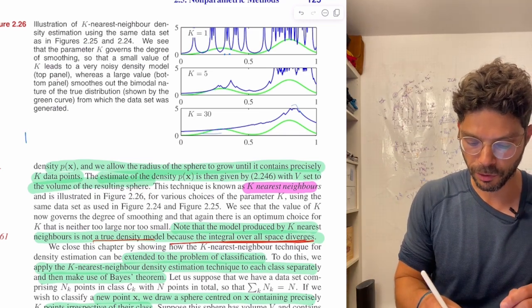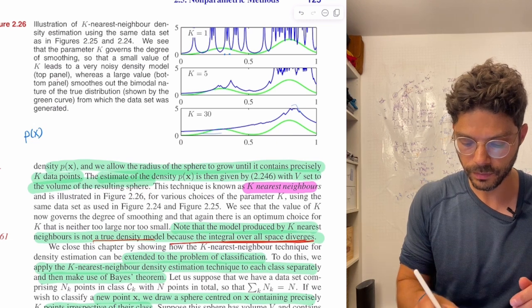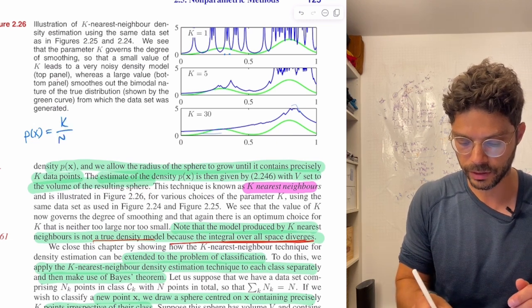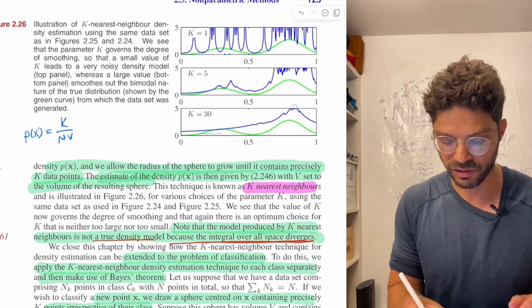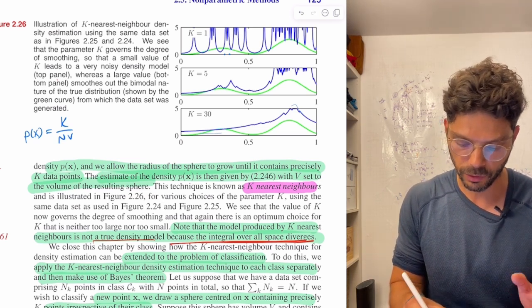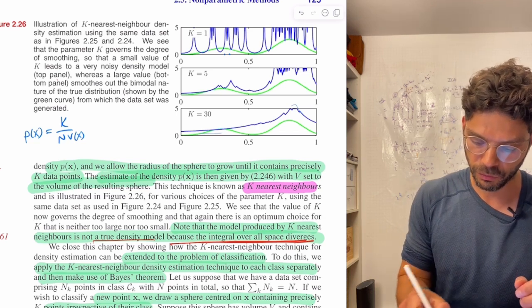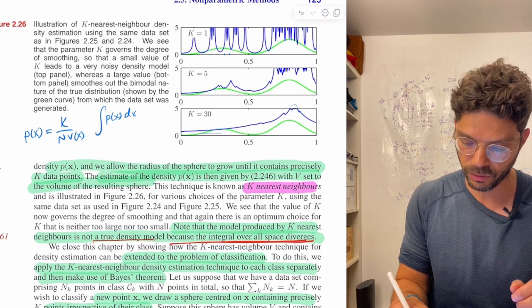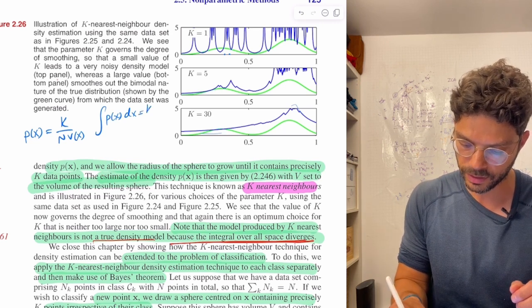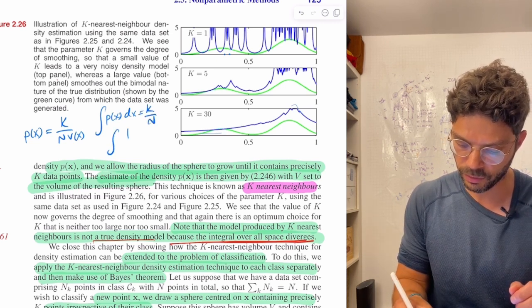So your P of x is going to be k over n v, right? And k and n are fixed, and v is going to be a function of x. So if we want to integrate P of x dx, this is going to be proportional to k over n times the integral of 1 over v of x dx, right?